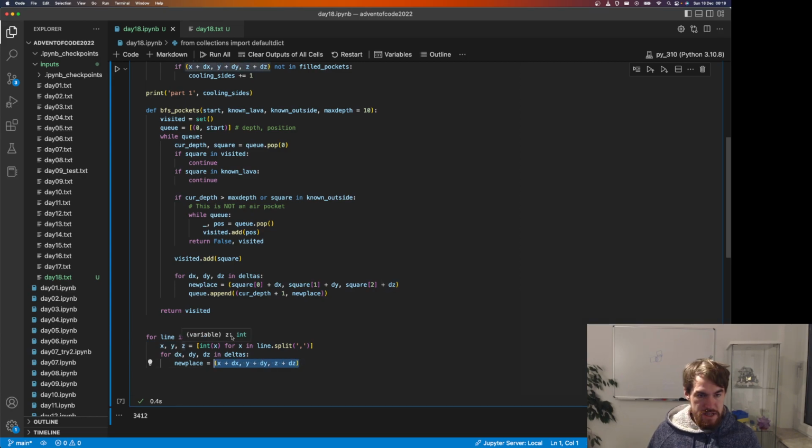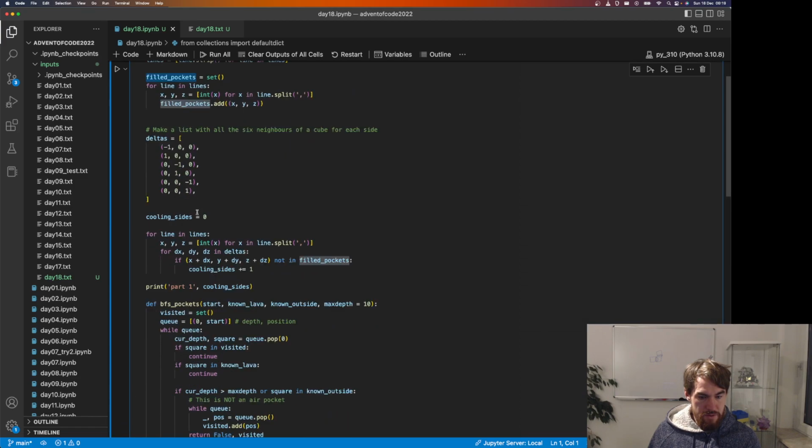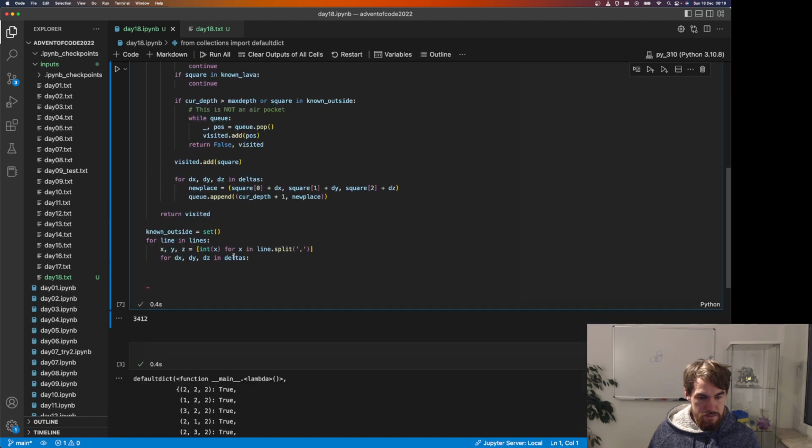We can say known outside is a set. We have our filled pockets.